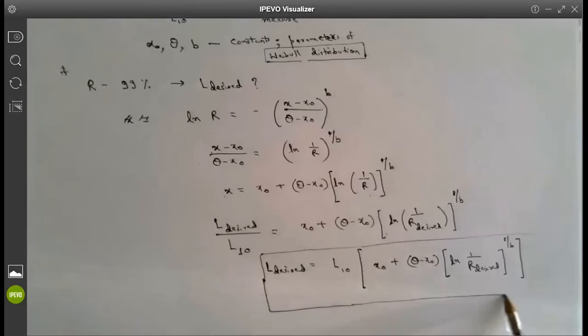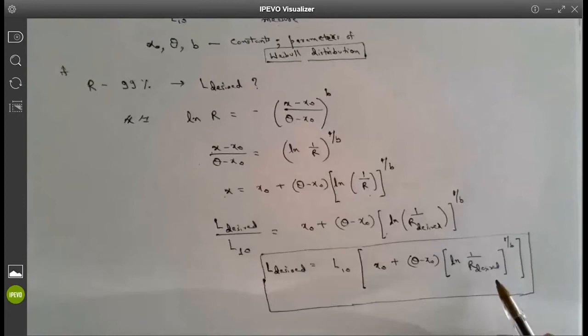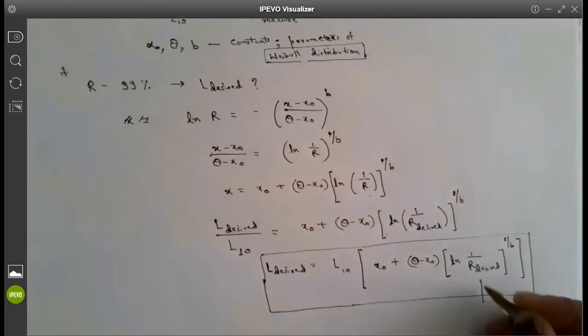For example, if my desired reliability is 99%, I will plug 0.99 in here, on the right hand side, as R desired.